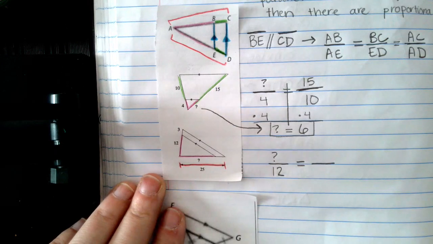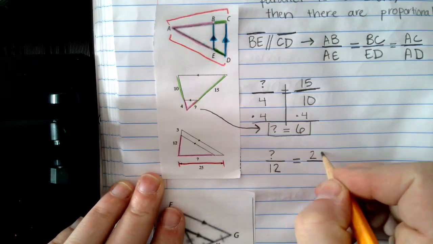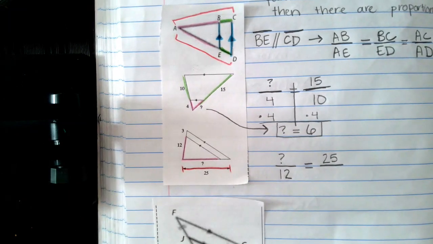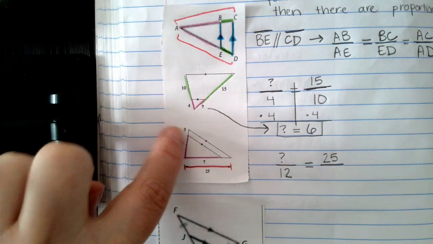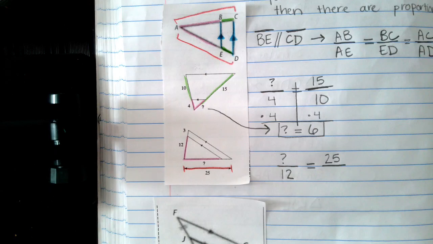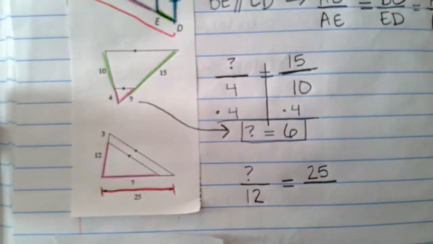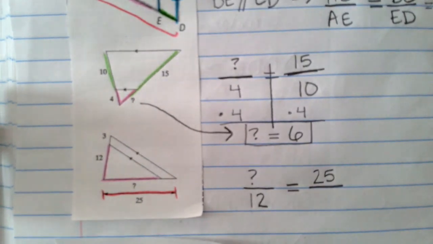Let's think about this. 25 is showing the whole side. So it's showing the question mark, but it's also showing this little part. What would this little part correspond with? 3. So what do you think the whole line is showing?